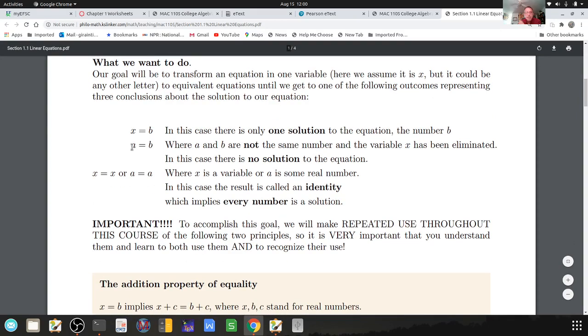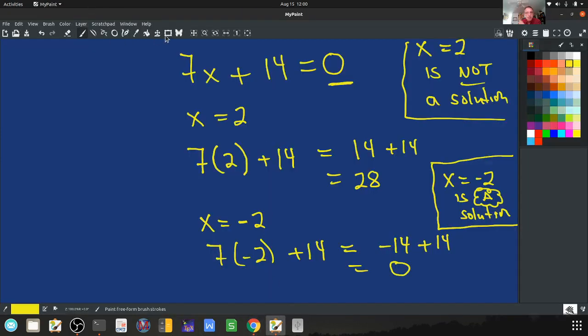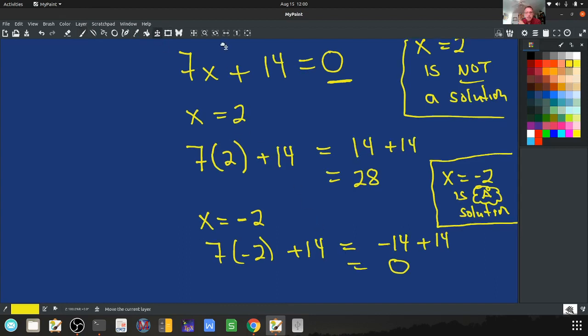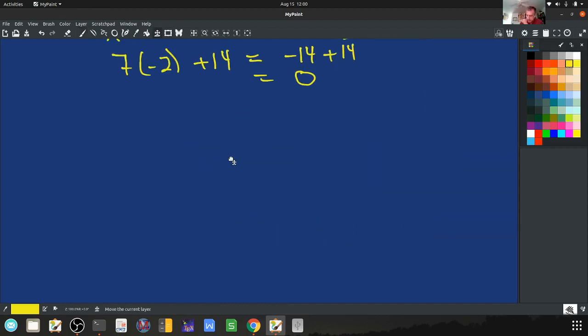If we transform a given equation to a is equal to b, where a and b are not the same numbers. For example, suppose I were to look at an equation and I solve it and I get the following: 3 is equal to 0. That's what I mean by a is equal to b, where a is not equal to b.